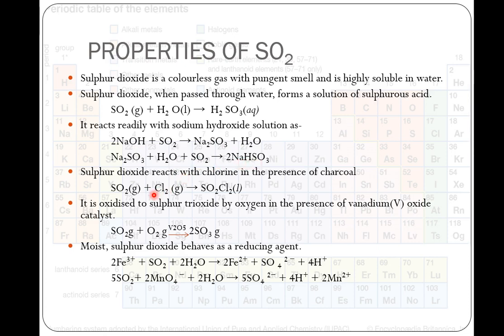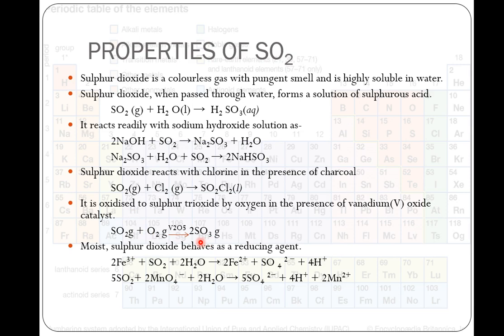It also reacts with chlorine in the presence of charcoal to form SO2Cl2. Readily gets oxidized by oxygen in the presence of a catalyst, vanadium pentoxide, to form sulfur trioxide.